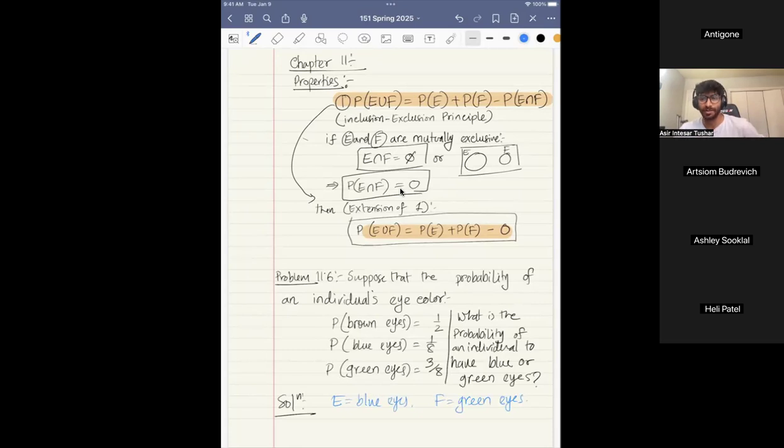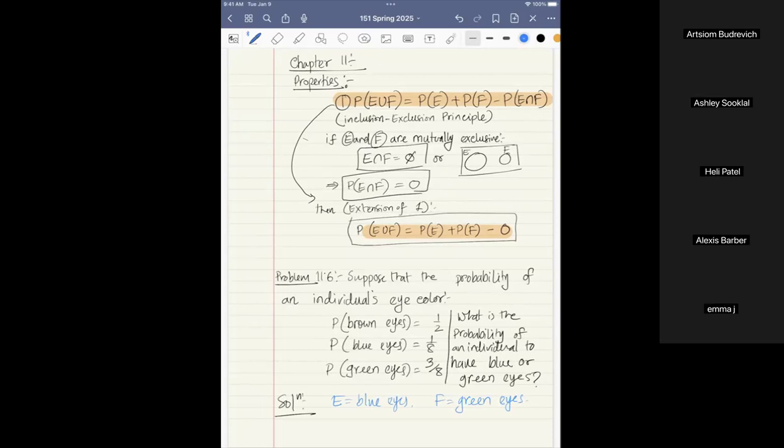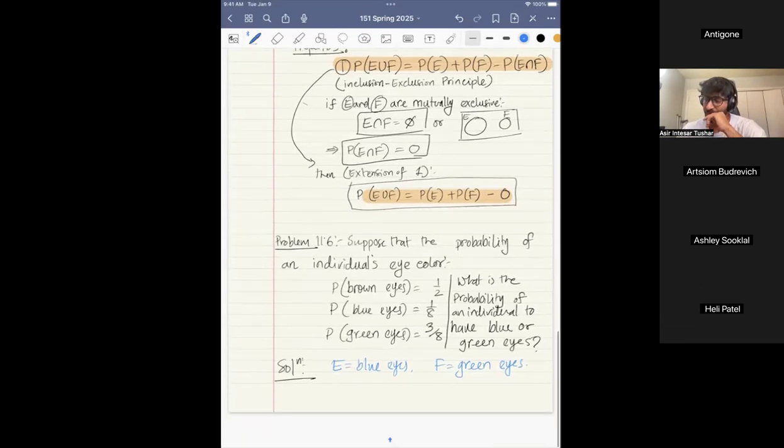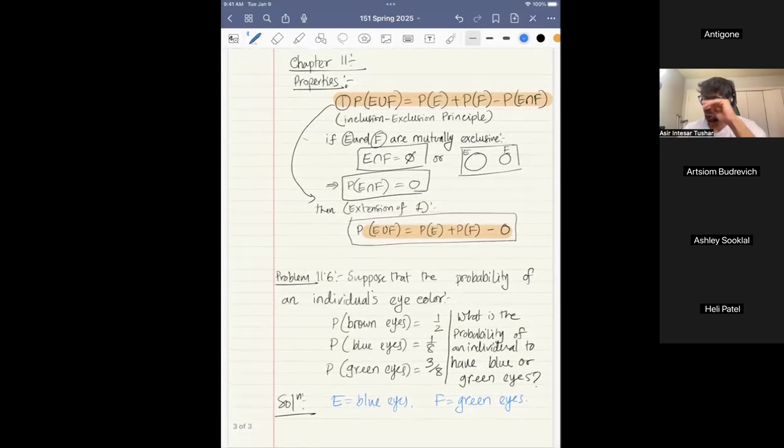I'm just taking two events. From here, if someone has blue eyes, can they have green eyes too?